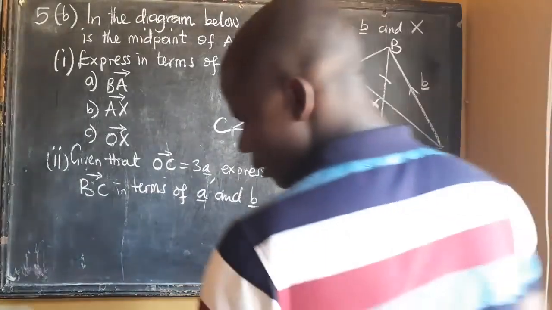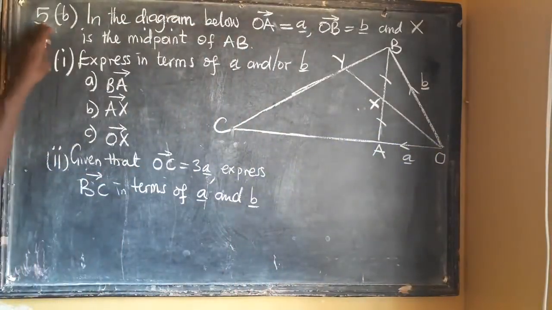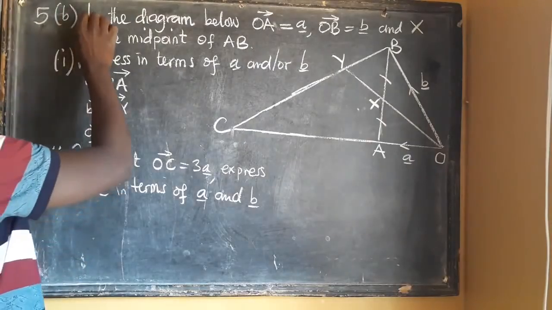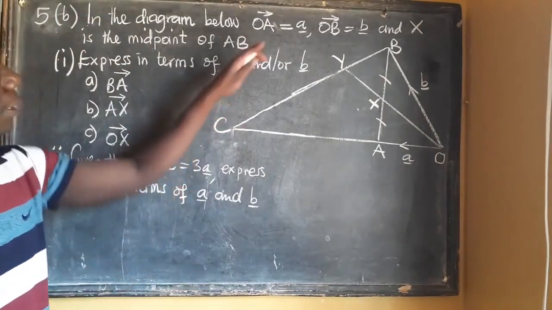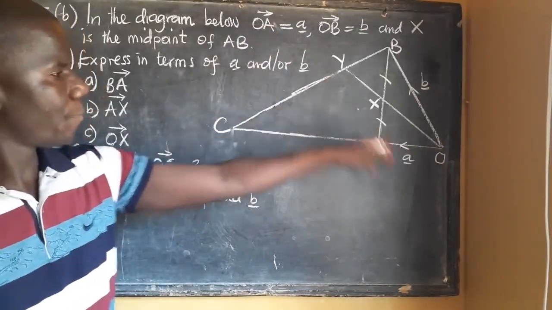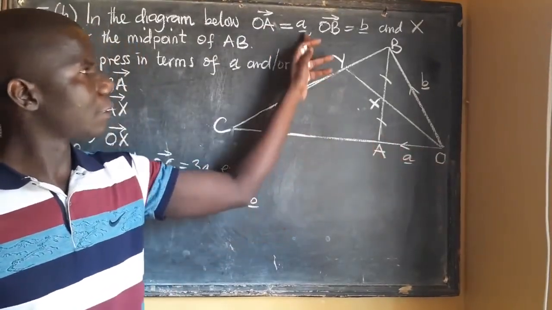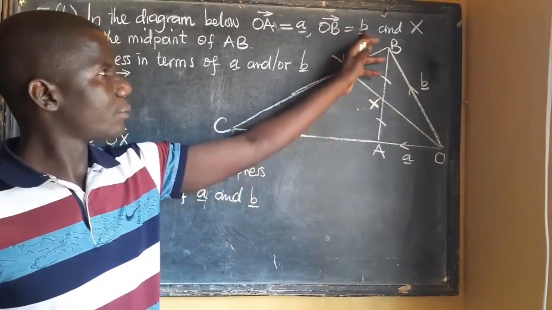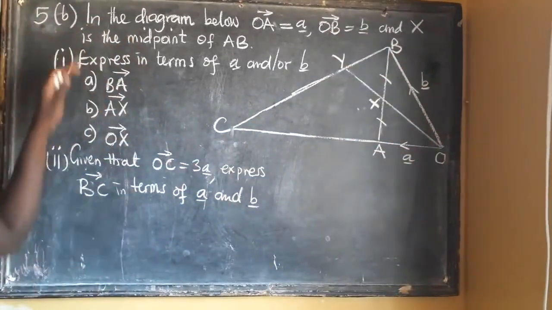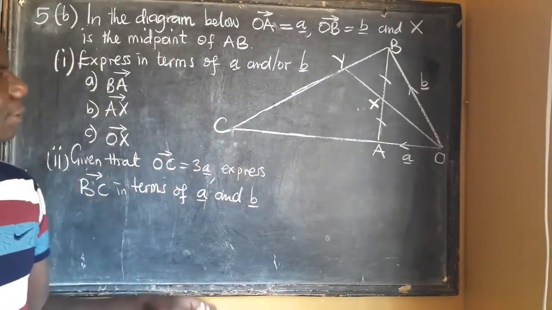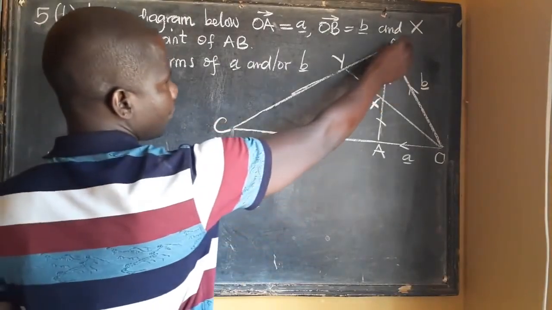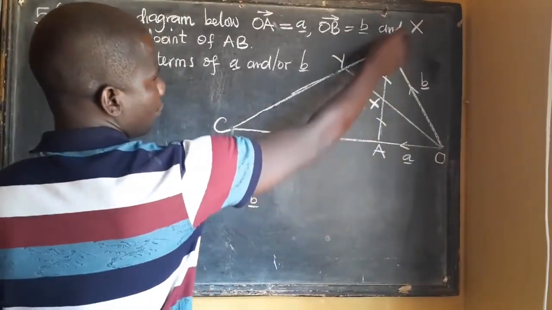Hello. So welcome to part B of question 5. Okay, this was on vectors, and the question reads, in the diagram below, OA is equal to A, OB is equal to B, and X is the midpoint of BA or AB.